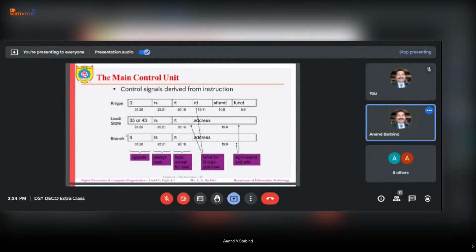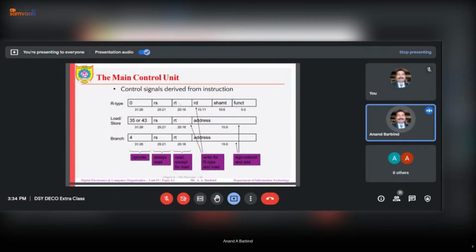On this particular slide, all the three types of instructions are there. Each instruction is 32 bits. The first one is the R type instruction, that is the register type instruction, and it is always an arithmetic or logical instruction. Bits 26 to 31 of that 32-bit instruction are always zero. Then bits 21 to 25 are used to specify the RS register, that is the source register.